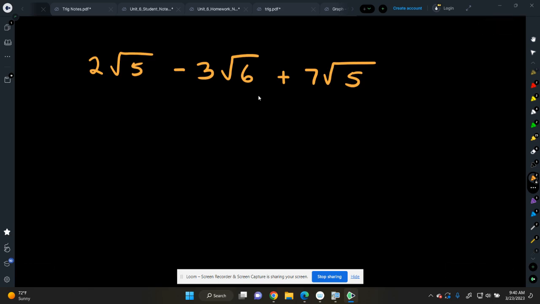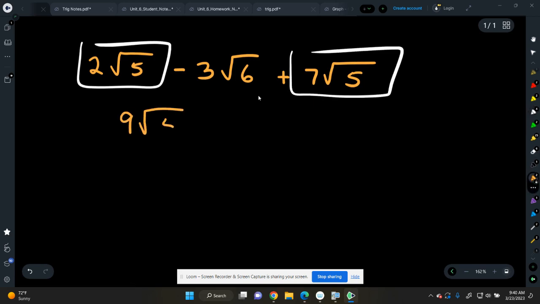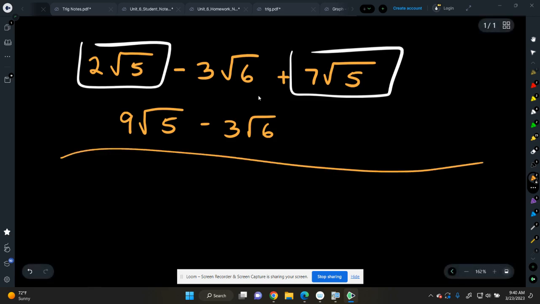Which ones are like terms? The 2 root 5 and the 7 root 5. What do they add up to? 9 root 5. So I have 9 root 5 minus 3 root 6, and that's our answer.